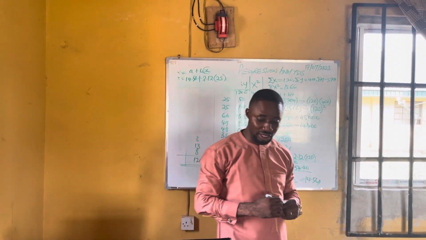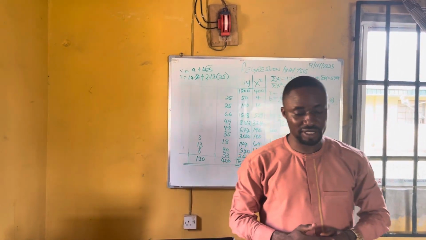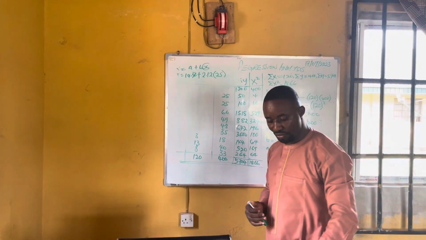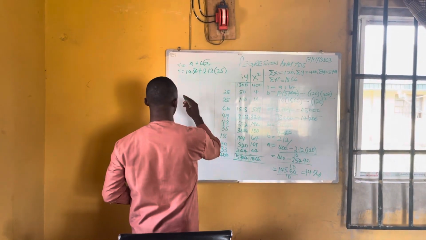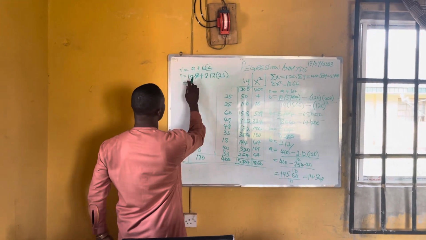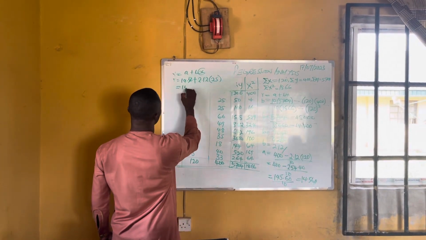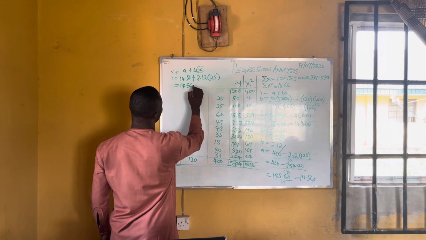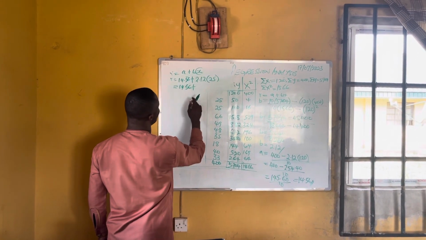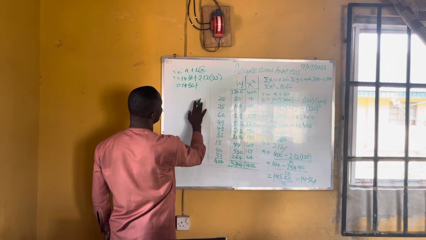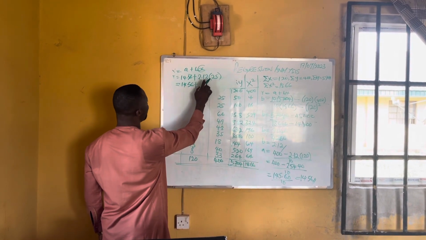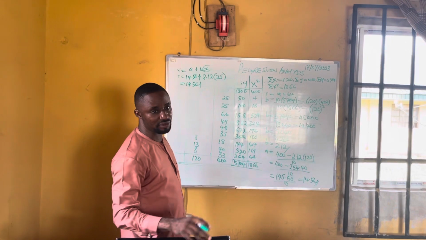Remember, everything we are dealing with here is in thousands, so the fact that we wrote 25,000 does not mean we put it there like that. It's 25. So it is 14.56 plus 2.12 times 25.